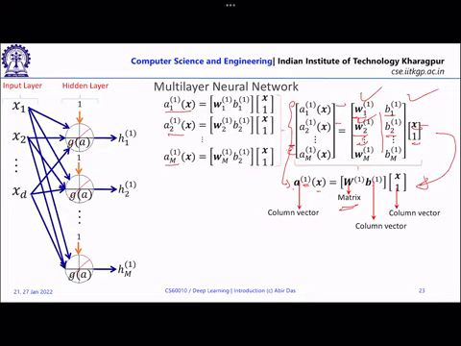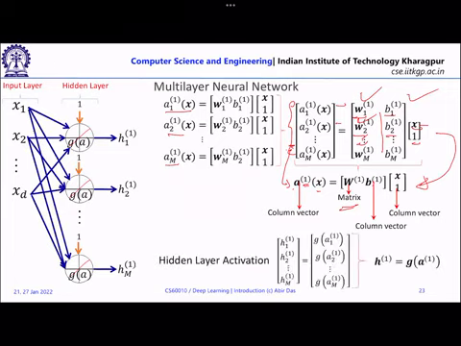Now you can imagine what the next step will be. The next step will be hidden layer activation. So for the hidden layer activation, we are clubbing them, right? So H1, H2 to HM, you are just clubbing and denoting it in this way. One important thing to note here is that this G is element-wise.